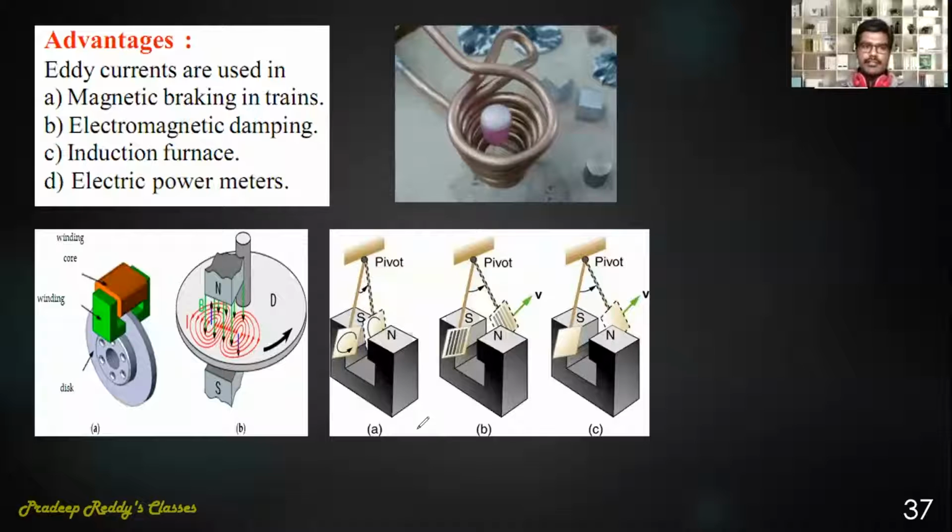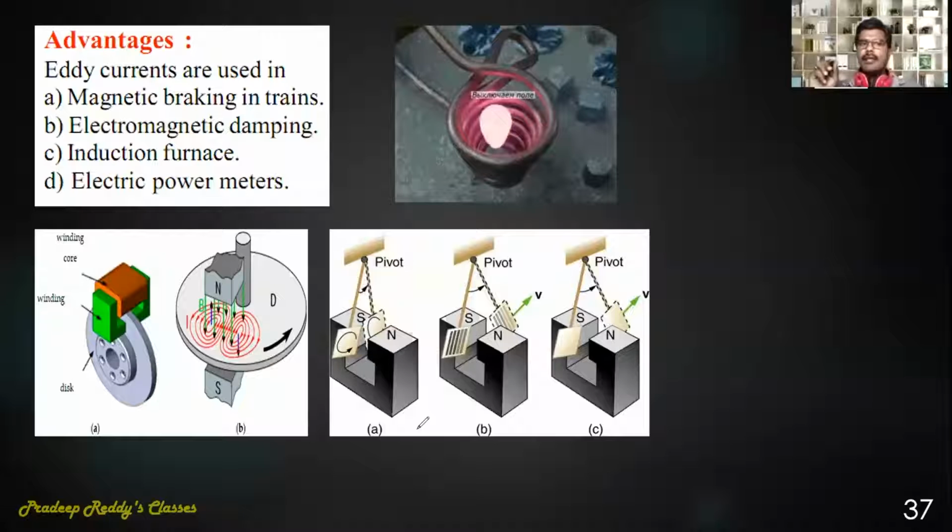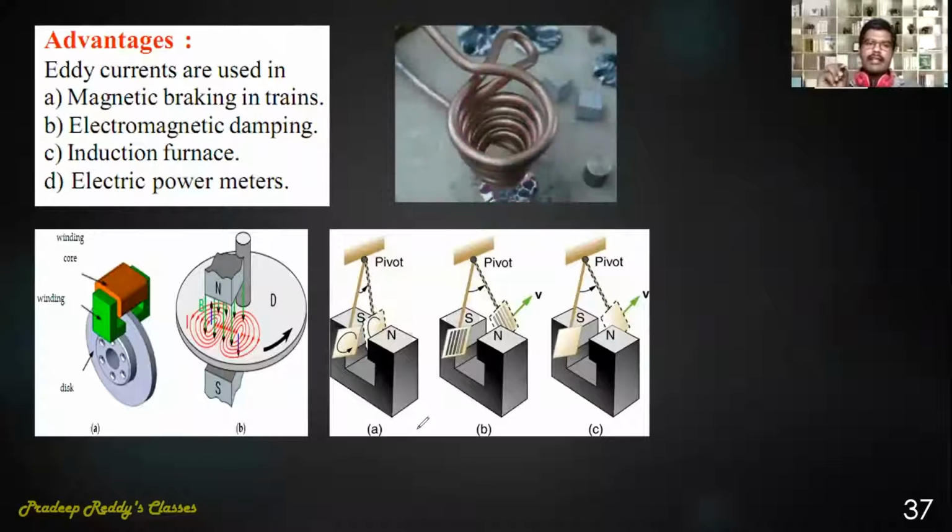That's one advantage. Eddy currents are used in magnetic braking in trains, and in electromagnetic damping, induction furnaces and electric power meters. So these are the simple examples, and this is an example of an induction furnace.